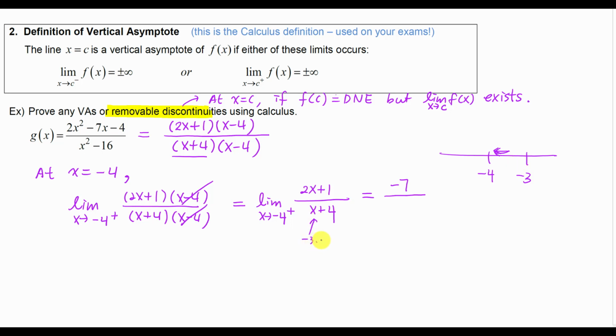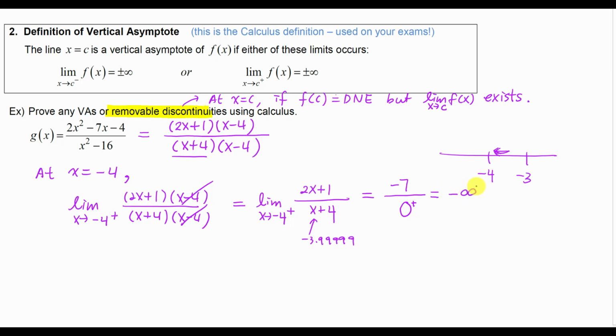Negative 3.9999999. That's what the number is going to look like. So when you add the 4 with it, you're actually going to get a positive number that is close to 0. So you have a negative number on the top and a very small positive number in the bottom, which will make this function reach negative infinity.